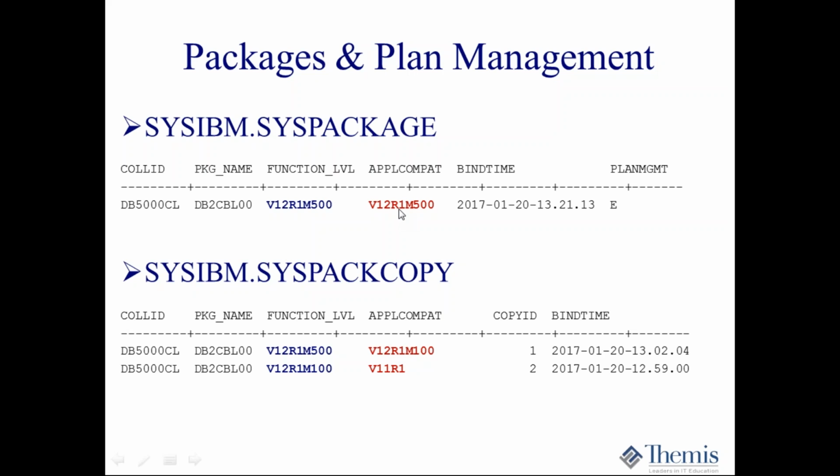So you'll be able to see the differences, what level it was when you bound it and what the Apple compatibility, whether we're taking advantage of those new functions or not. Okay. So one of the things you're going to have to do is make sure you rethink your bind and rebind processing and that you get your plan management in place and understand the levels that we're going through.